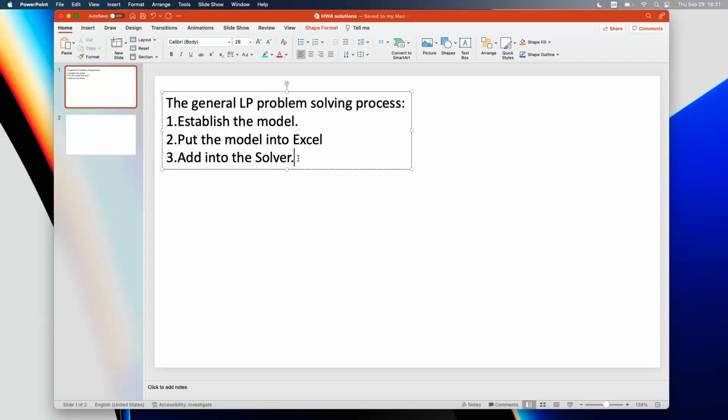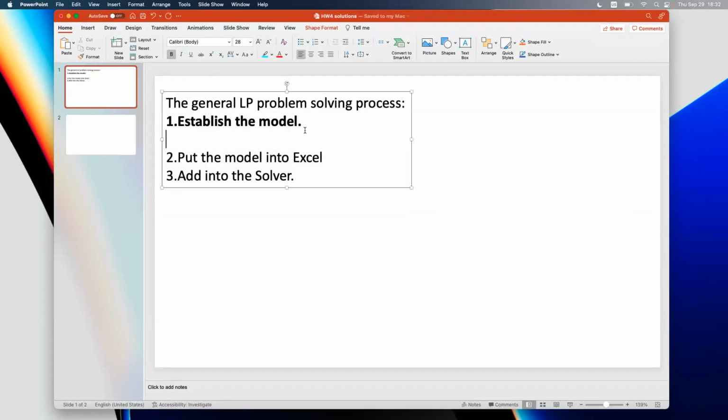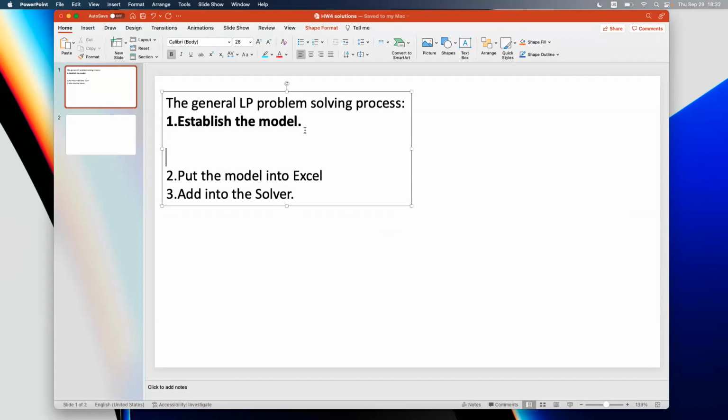However, these two parts are not that important. Maybe you find some difficulties in converting into the Excel format or adding to the solver, but actually that's not the significant part. The most important thing is the first one, establish the model. And we already know a model has two elements.